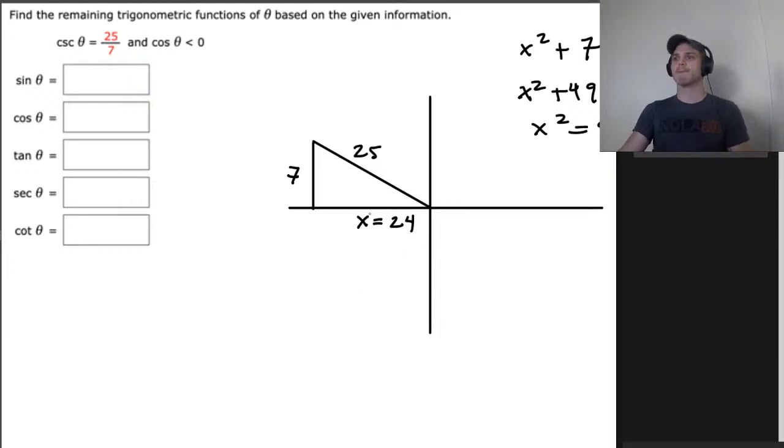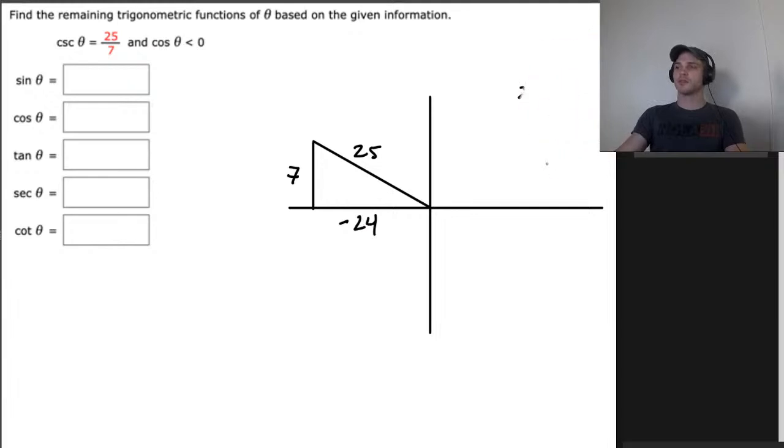All right, and actually, let me write this as plus or minus the square root of 576, which is 24. And since we know the x coordinate is negative in the second quadrant, this is negative 24. So x is negative in the second quadrant.